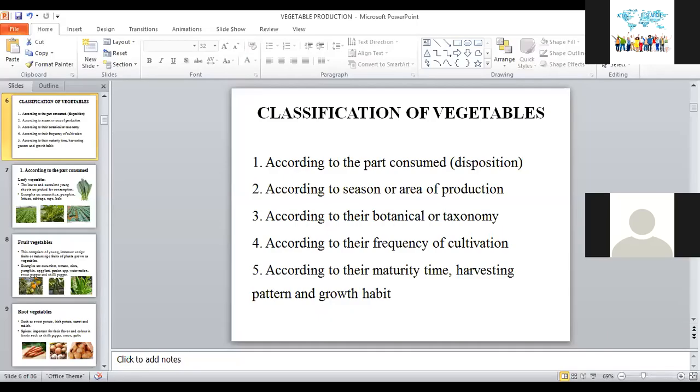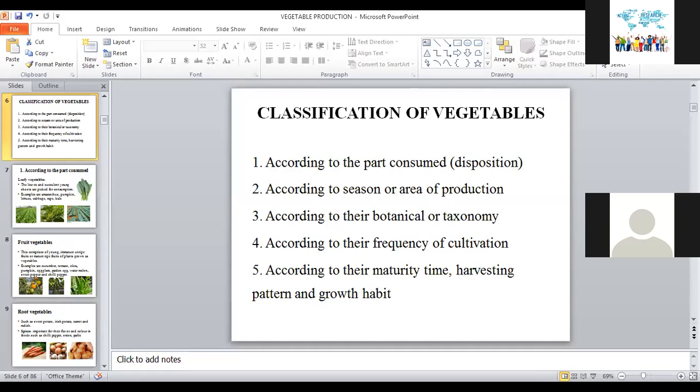So last week we did look at how to classify vegetables. We said that basically vegetables are classified into 5 groups. And the first one that we did look at was the part of the vegetable that is consumed.